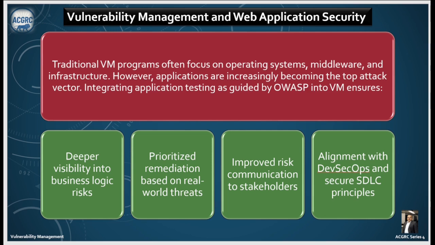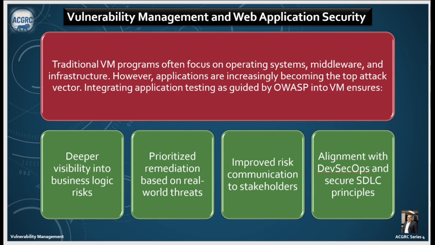Well, vulnerability management is the process of finding the weaknesses, prioritizing the risk, fixing the problem, and tracking and improving over time. For web apps, this means scanning the app for security bugs, testing login pages, APIs, forms, and backend logic, and fixing things like SQL injection, cross-site scripting, or broken authentication.